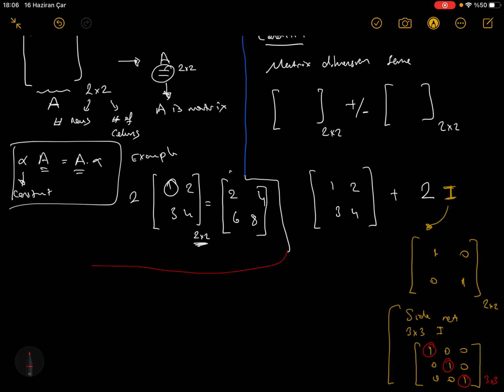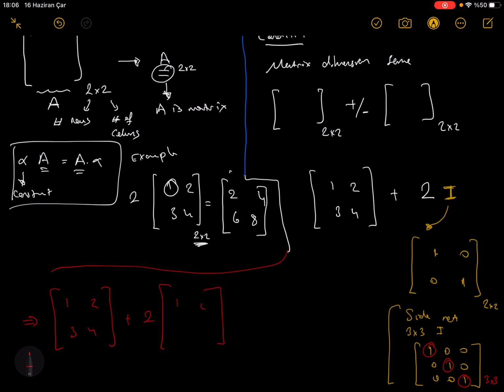Okay, we know how to multiply a matrix by a scalar number, so we have 1, 2, 3, 4 plus 2 times the identity matrix of 2 by 2. The reason we choose 2 by 2 is because we can add a 2 by 2 matrix with a 2 by 2 matrix. We cannot choose a 3 by 3 identity matrix because we cannot make that addition. This is our certain condition.